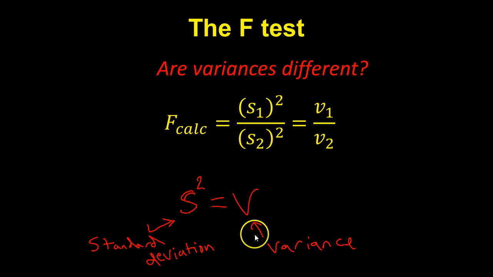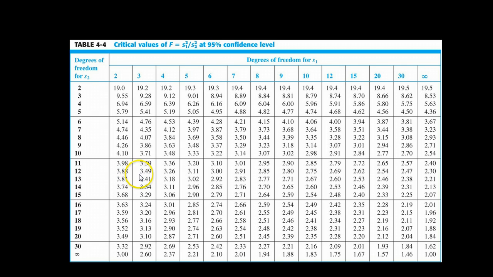It turns out a lot of the statistical equations that we use rely on variance, and so it's important to know what that is. So you simply just square your standard deviations to get the ratios of your variances between two samples, and you determine your F-calc. And you compare it to this table.